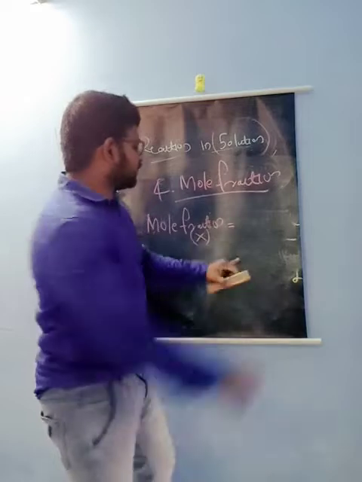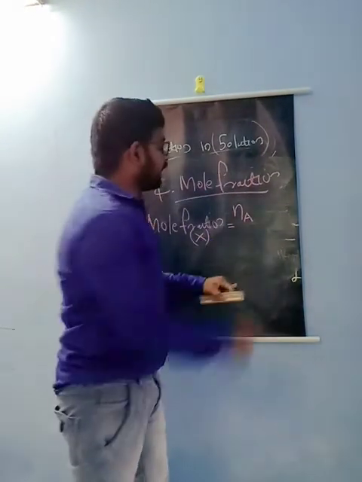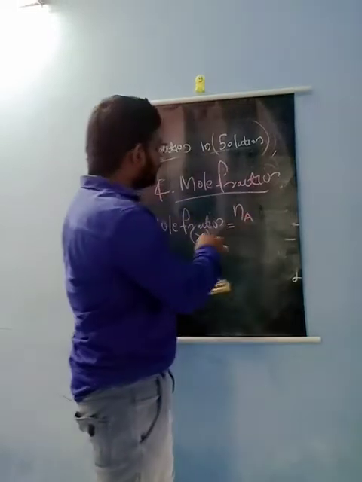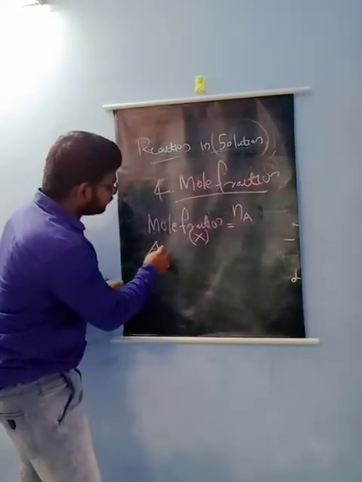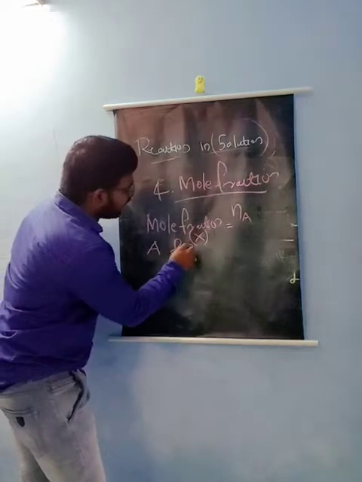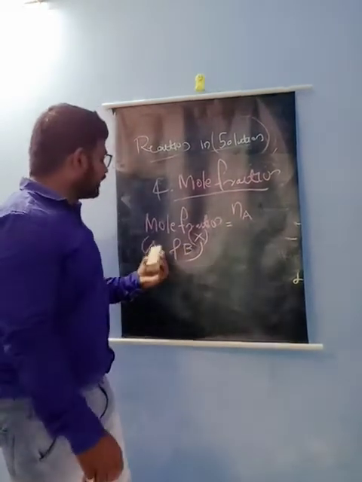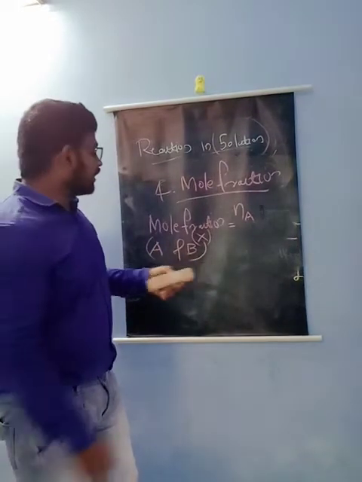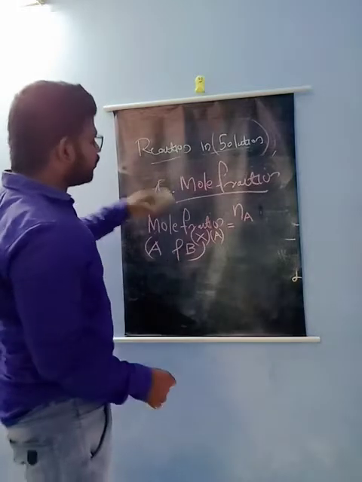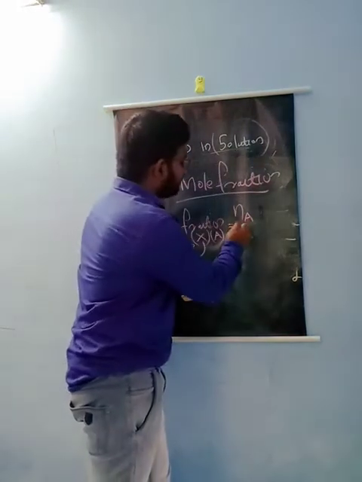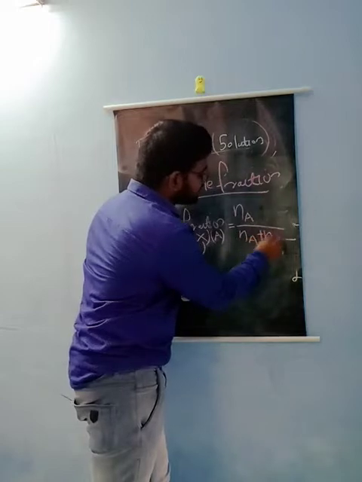Mole fraction is equal to Na, the number of moles of A. If we have two components, A and B, and we have to calculate the mole fraction of A, we calculate Na divided by Na plus Nb.